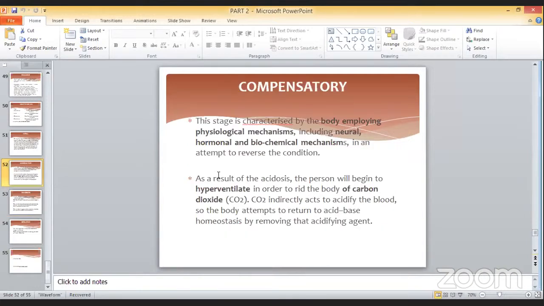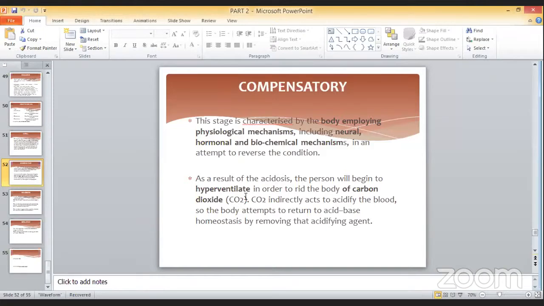It is a compensatory result of acidosis. The person will begin to hyperventilate in order to rid the body of carbon dioxide. So at every time there is a certain percentage of every gas in the body. For the maintenance of health, whatever gases are present, a certain percentage is very necessary for normal physiology.